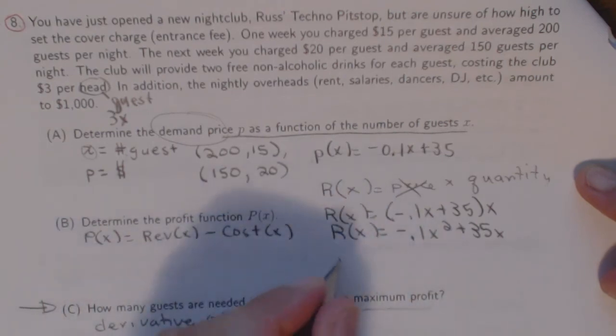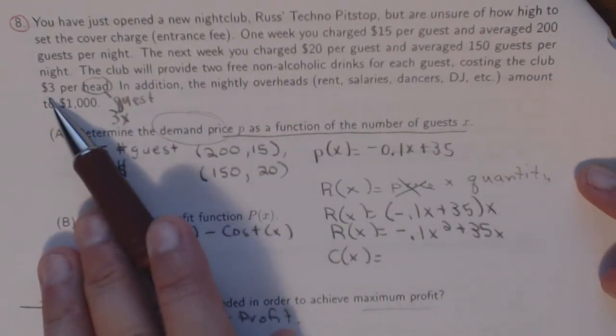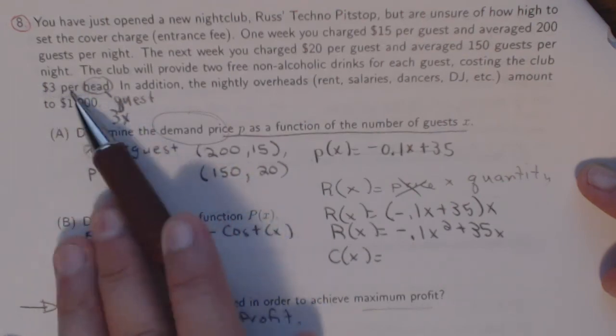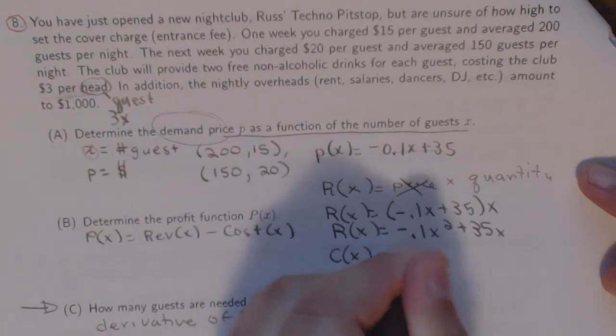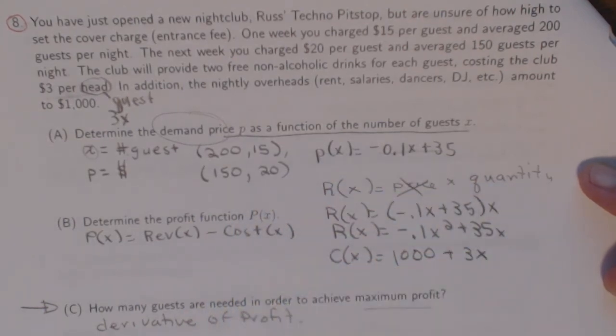My cost function, you're given some information here where you're going to give $3 per guest, some non-alcoholic drinks, and then there's overhead of $1,000. So the cost function would be 1,000 plus 3 times the number of guests, which is x.